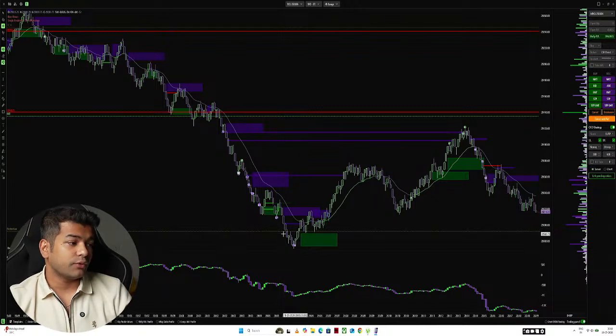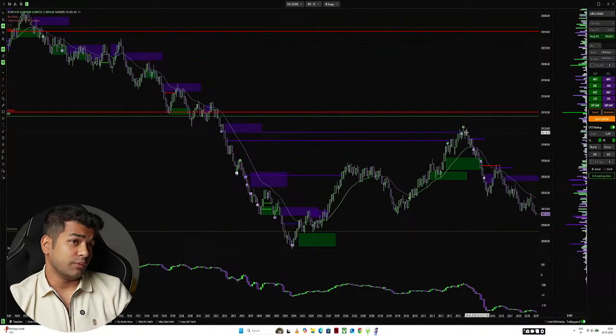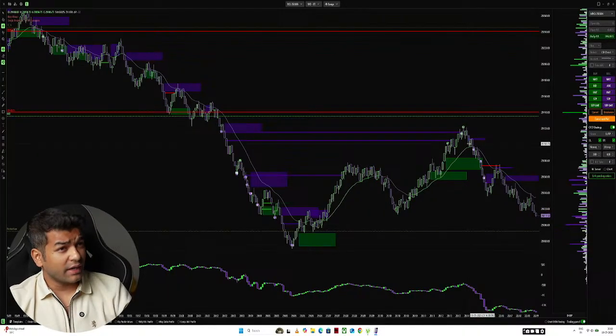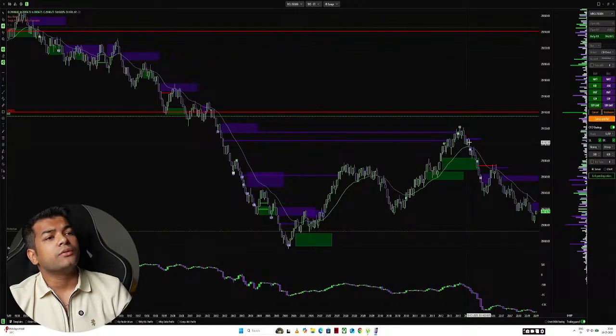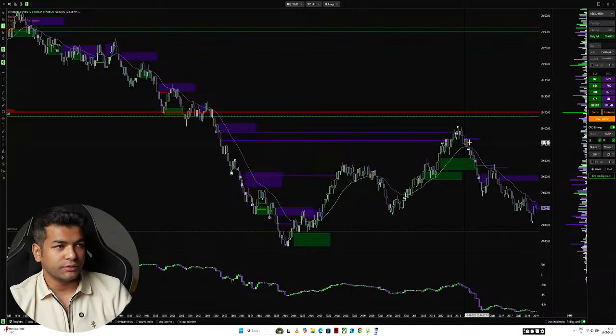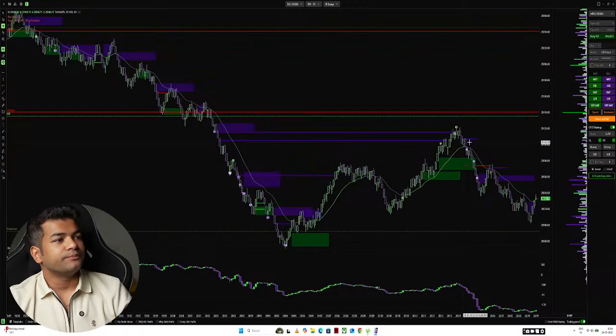Then we waited for the retrace, and we saw some absorption as well, so that was a double confirmation. Based upon my entry criteria, I placed a sell here, and we were able to capture 1:4. We were risking $150 and we got $600 in return, so it's a win day.